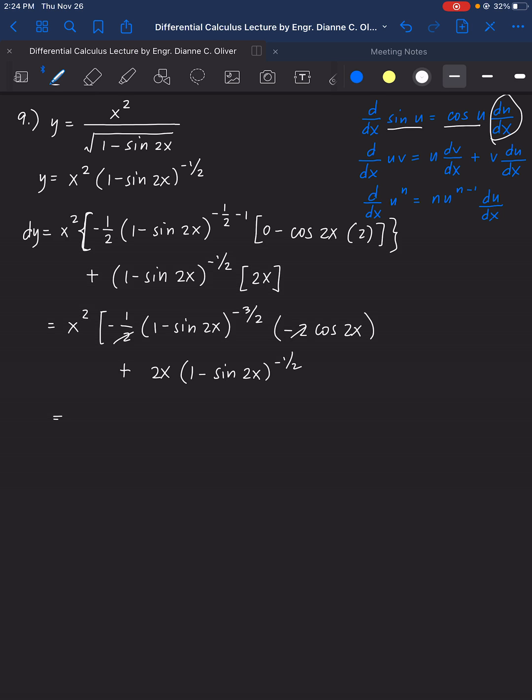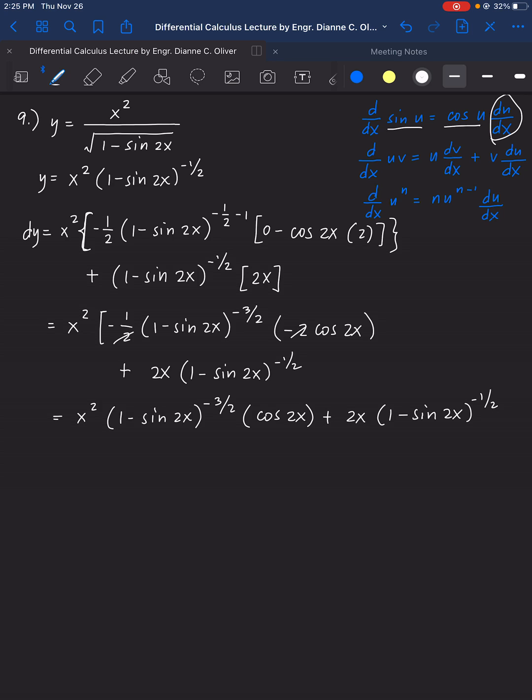So that becomes x squared 1 minus sine 2x raised to negative 3 halves times cosine 2x plus 2x 1 minus sine 2x raised to negative 1 half.